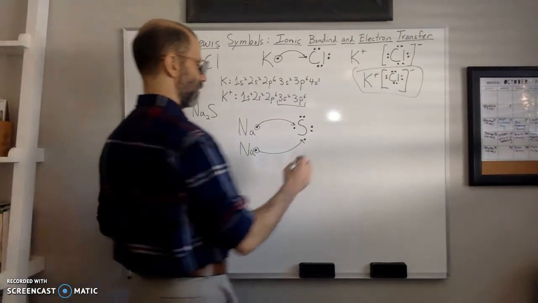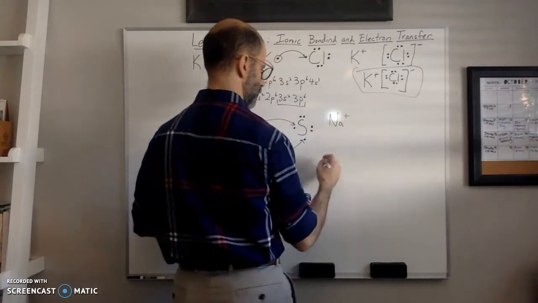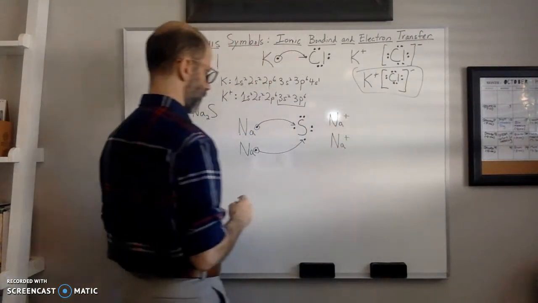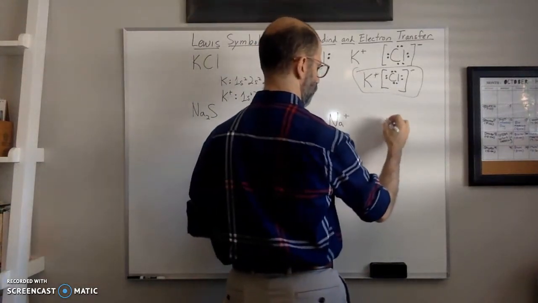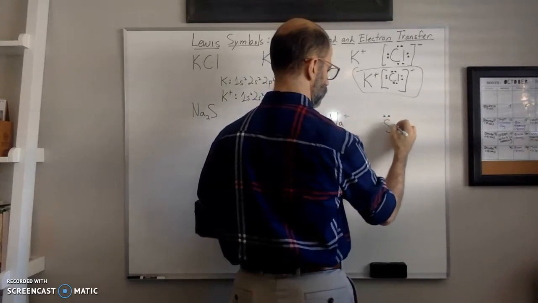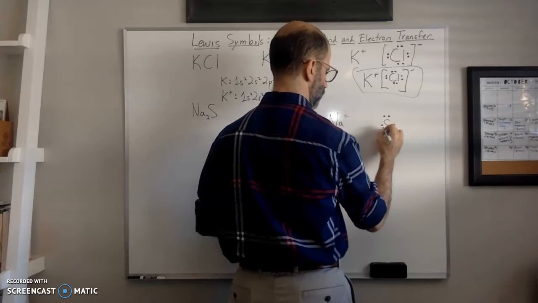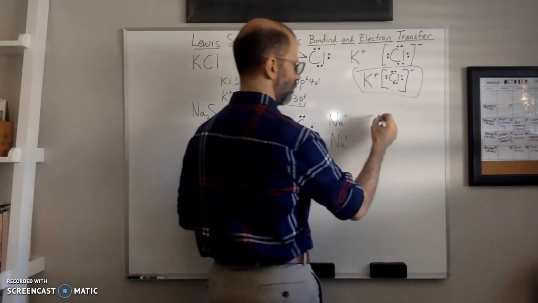So the way we're going to write this is we have Na plus, and we have another Na plus, and we have sulfur. Again, sulfur is going to have a full octet: 1, 2, 3, 4, 5, 6, 7, 8. And because it gained 2 electrons, it's going to be negative.